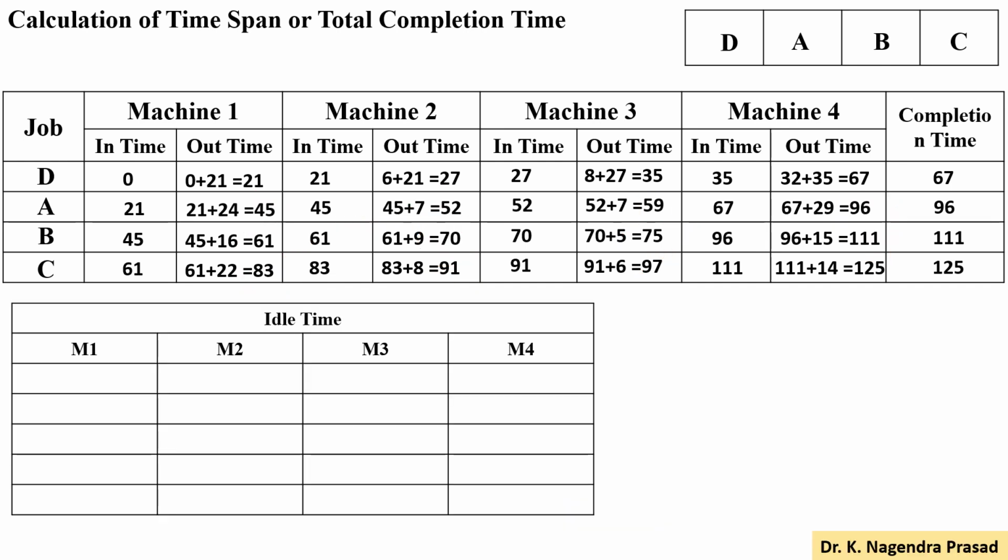Next we determine the idle time for each machine. So first we observe the first machine. It is engaged with job D immediately, there is no waiting.